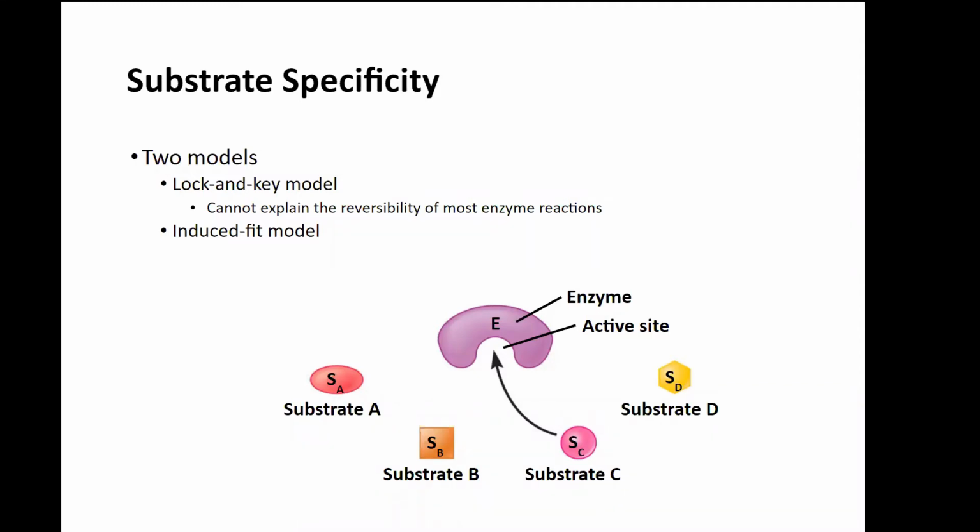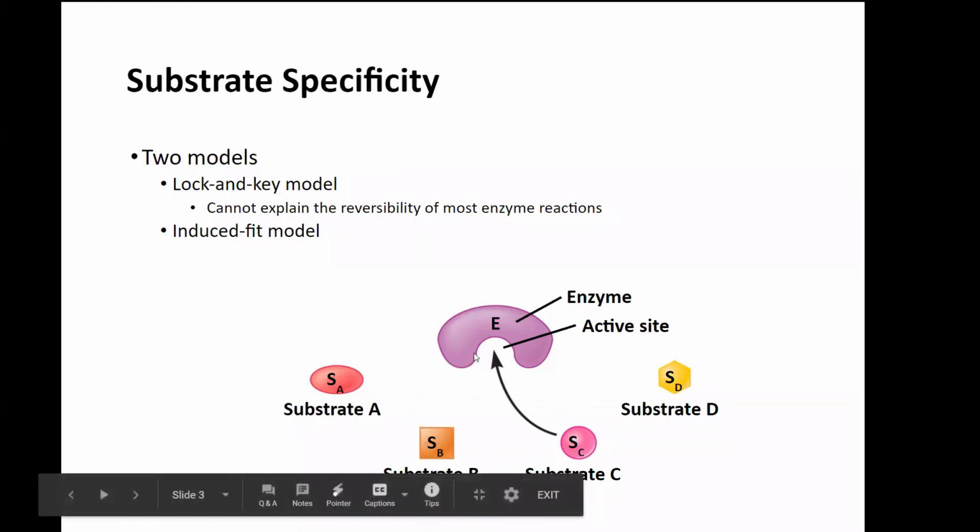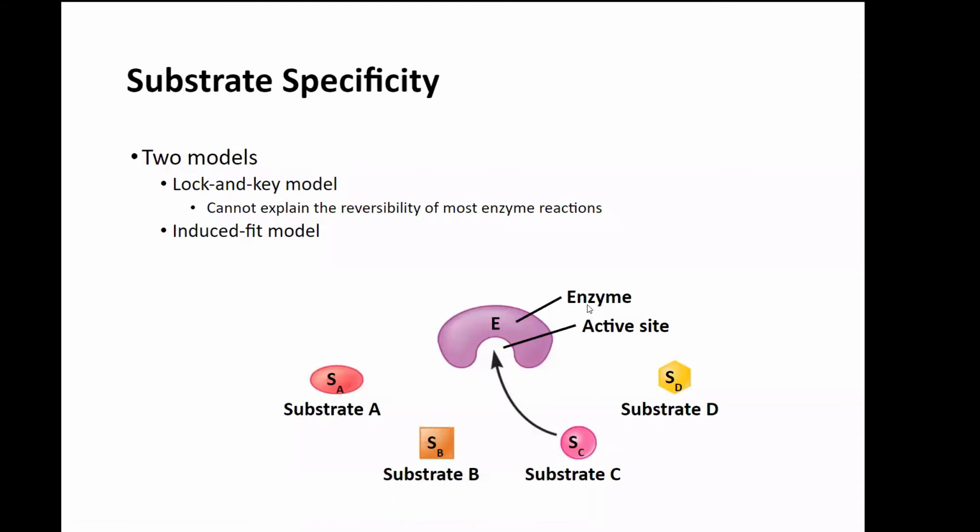So the induced fit model says that we have this area of the enzyme. The area where our reactants are going to bind in is called the active site. So the active site is where this is all going down. So it says that this active site, when it binds onto the reactants, that active site isn't a perfect fit.